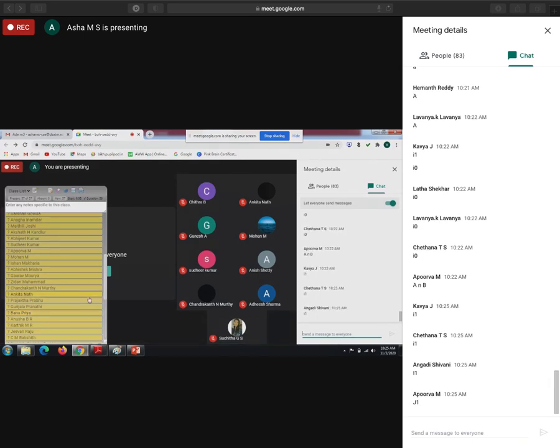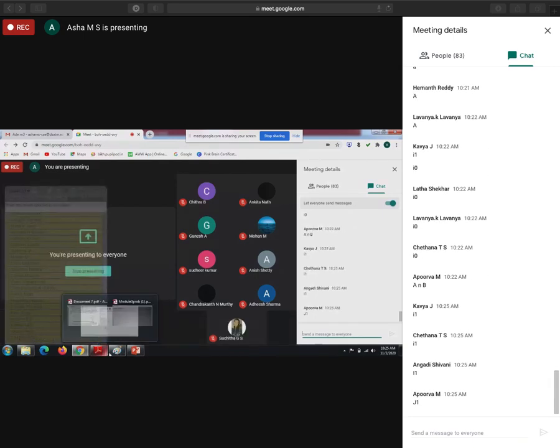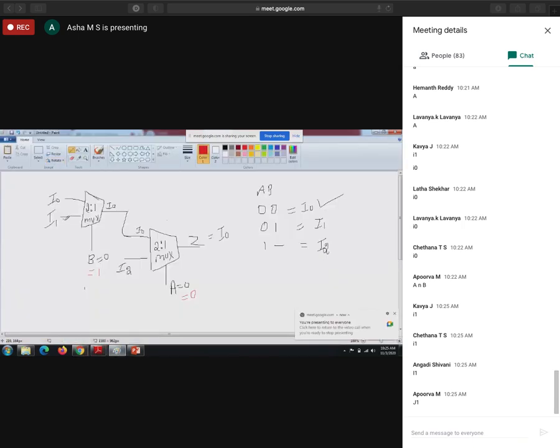The selected input is I1. So this will be selected, and at the output I will be having I1. Correct, right? So here the first input of the second mux will be I1.